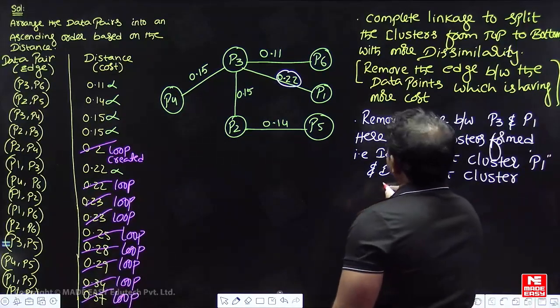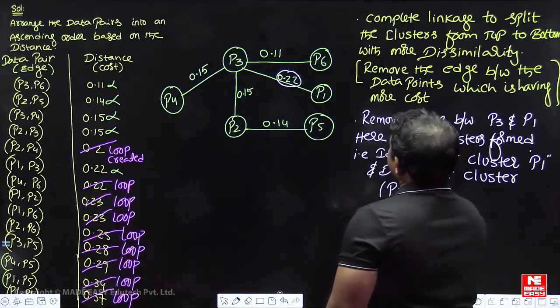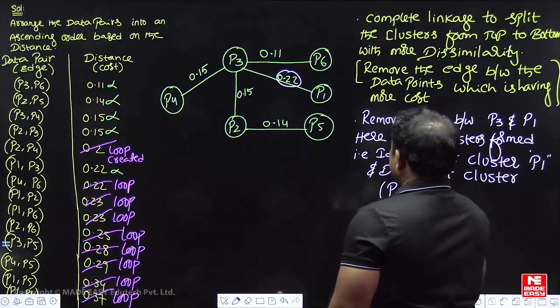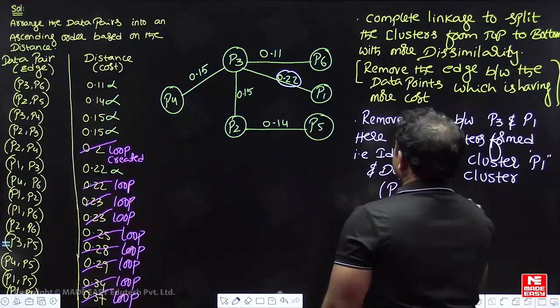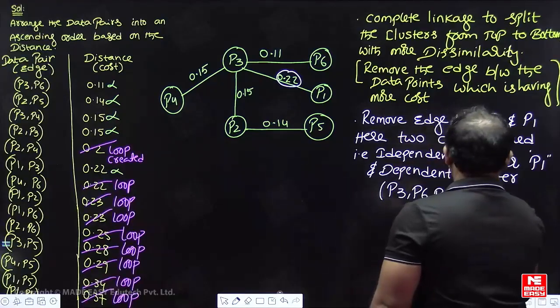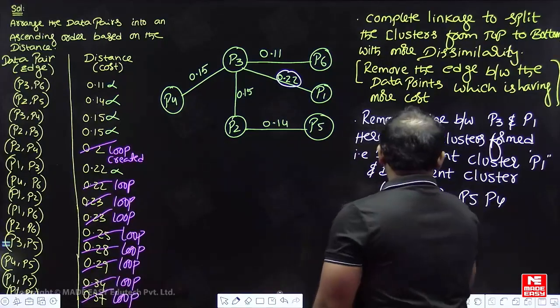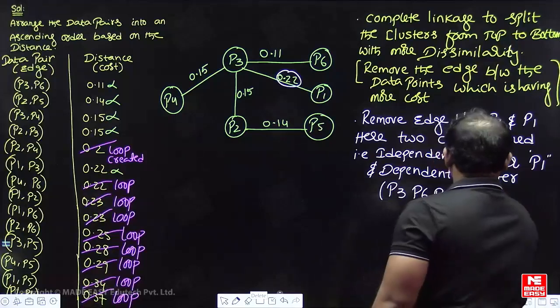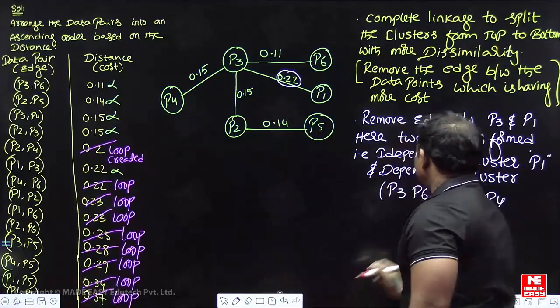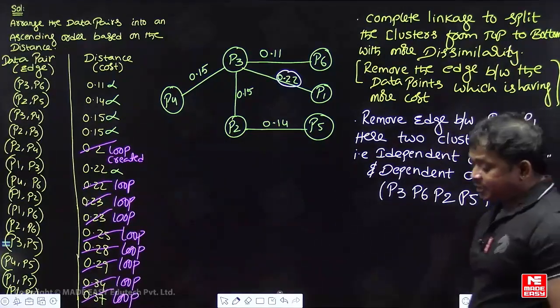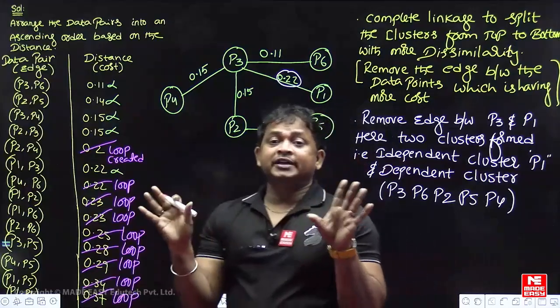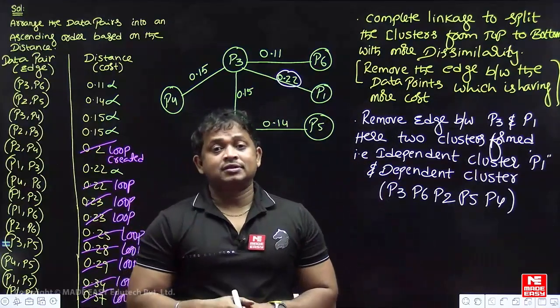What are the dependent clusters? That is P3, P6, P2, P5 and P4. Like this, the cluster is formed. So two clusters are formed. That means the major cluster is splitting into two subclusters.